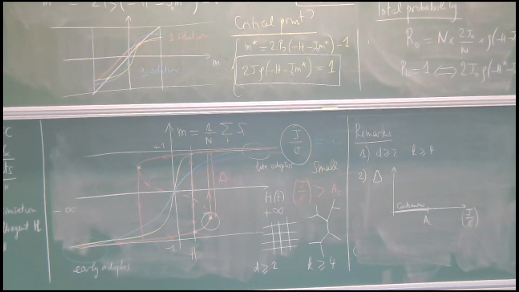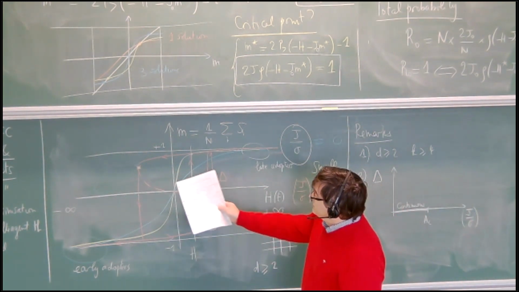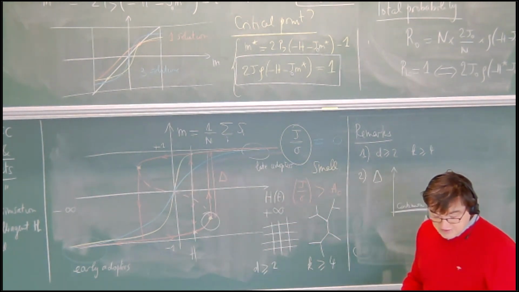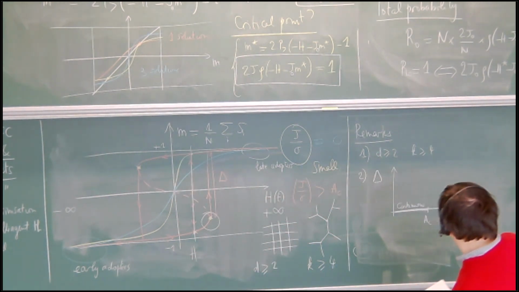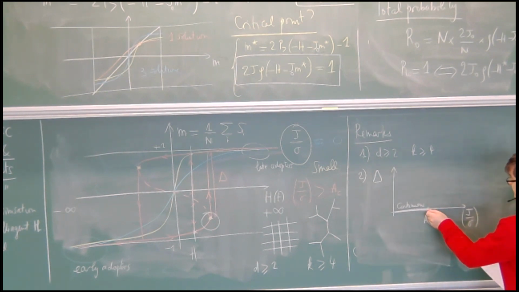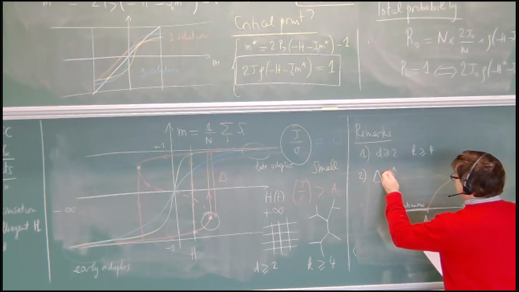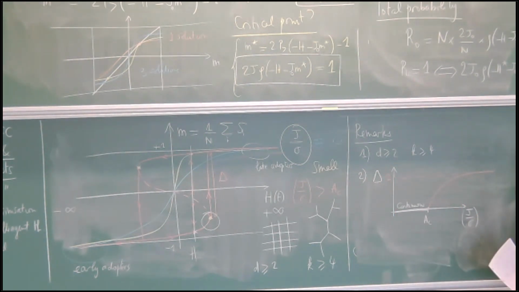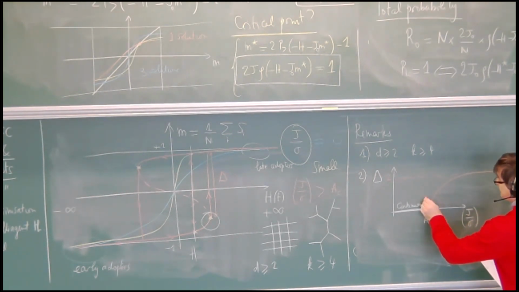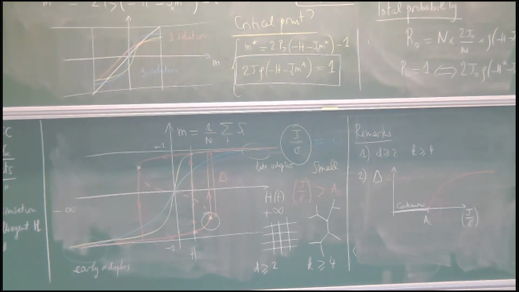But if J over sigma is greater than AC, then from what I said, it's the point where you have this hysteresis loop opening, and then there's a critical growth of delta as a function of J over JC. It goes like this. And what happens here depends on the lattice, depends on the dimension of space, but in mean field, it's a square root.